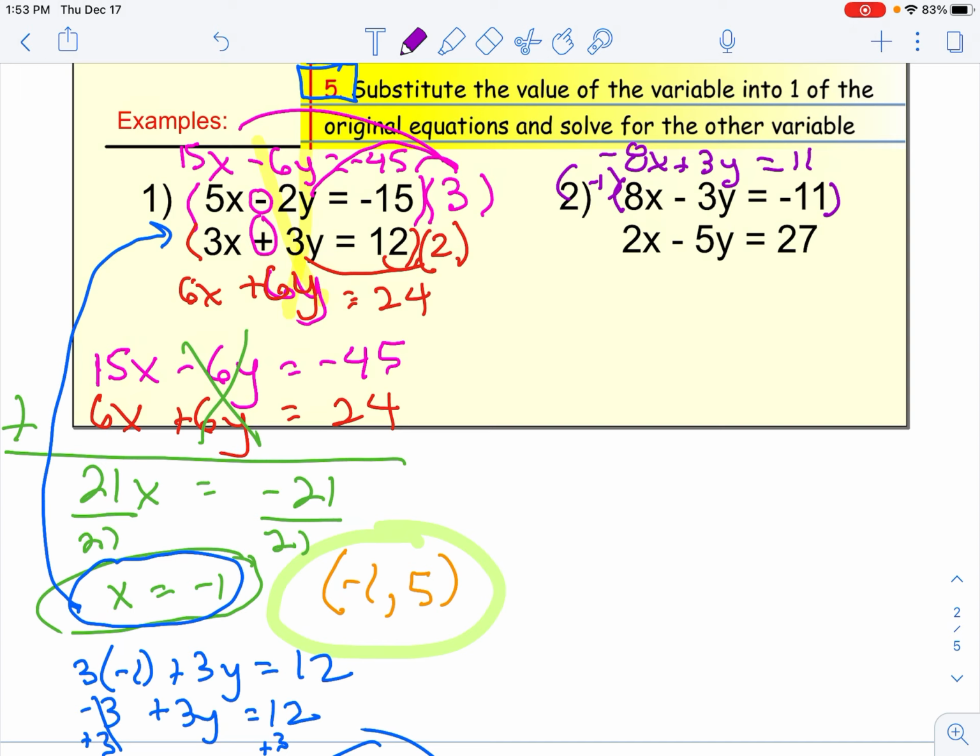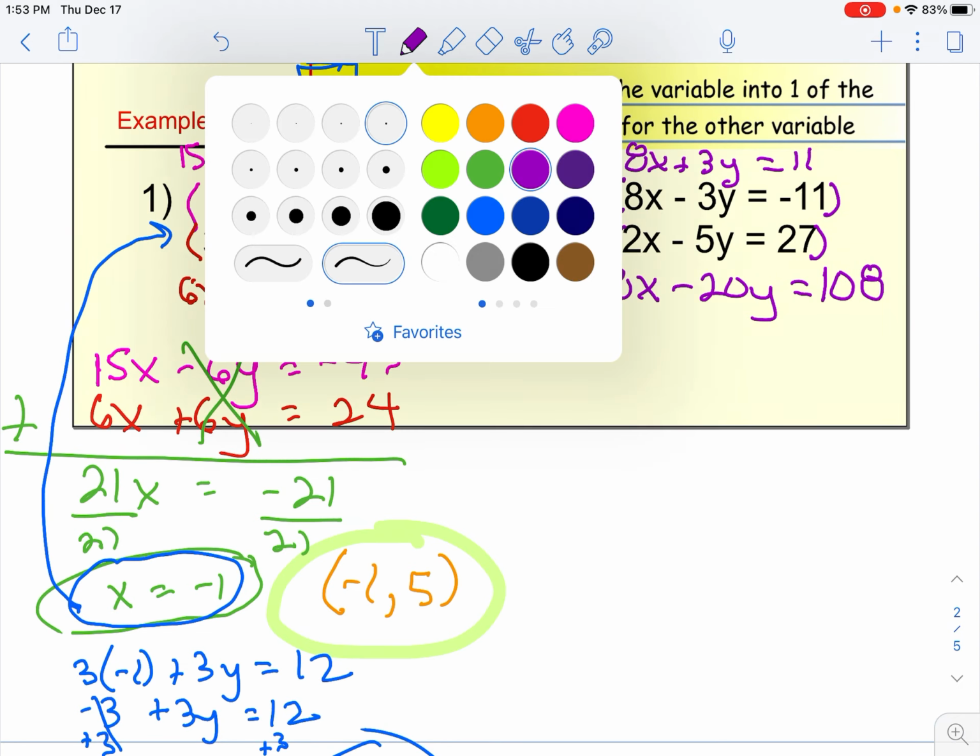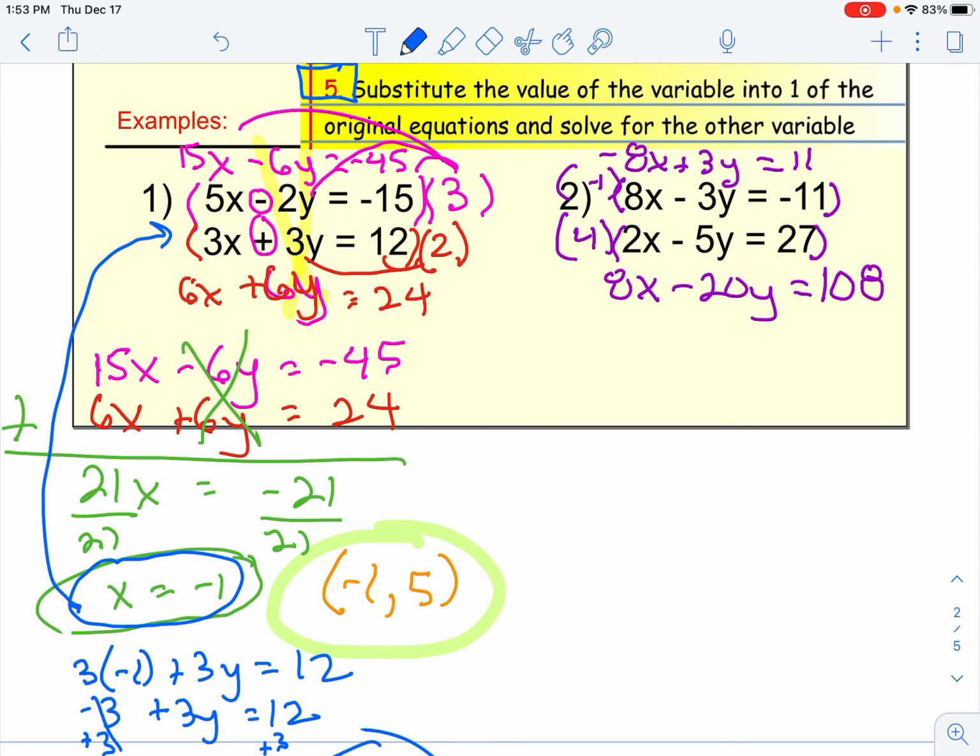And then if you multiply the second equation by 4, what that's going to give you is 8x minus 20y equals 27 times 4, which is 108. So that's one way you could do it. Or really, I could have just kept that top equation and multiplied by -4 and just gotten rid of that. So there's two options, okay?